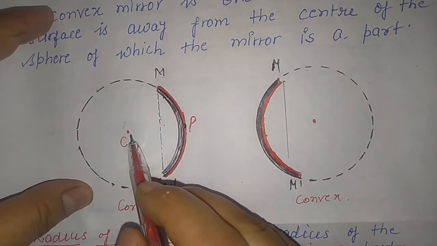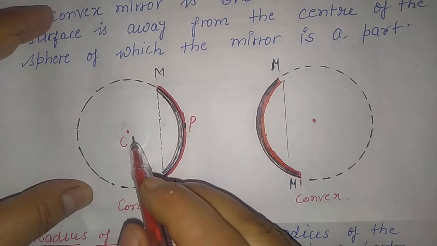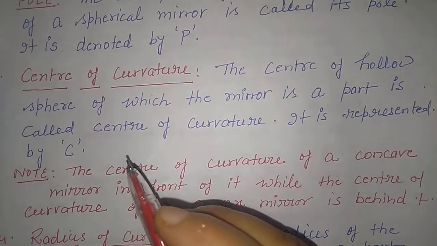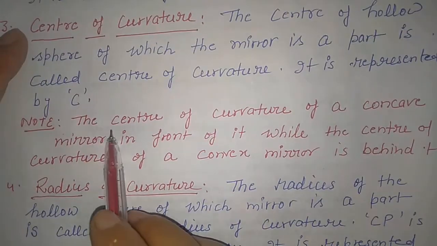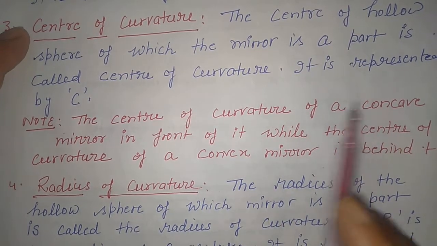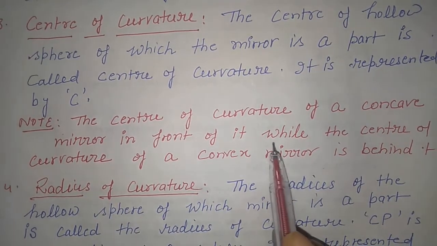The center of curvature is the center of a hollow sphere of which the mirror is a part, and it is represented by C. The center of curvature of a concave mirror is in front of it.